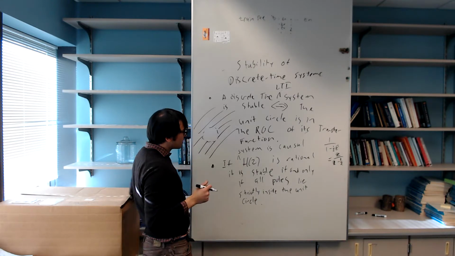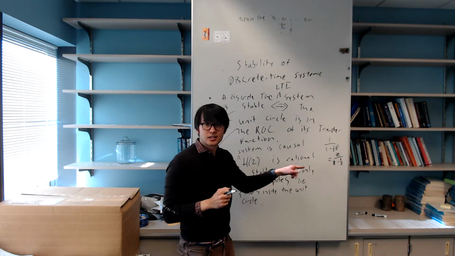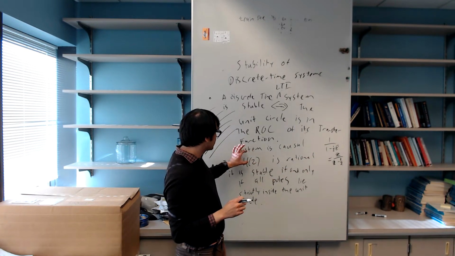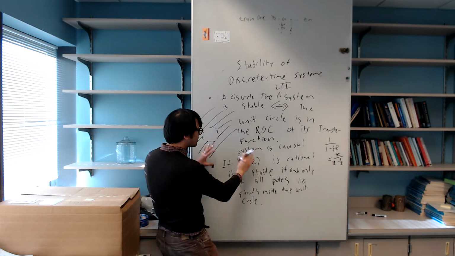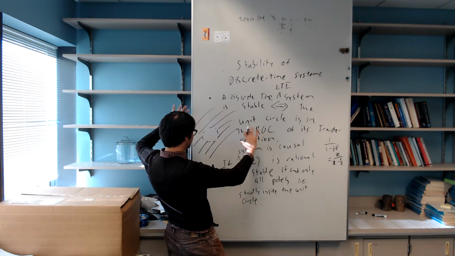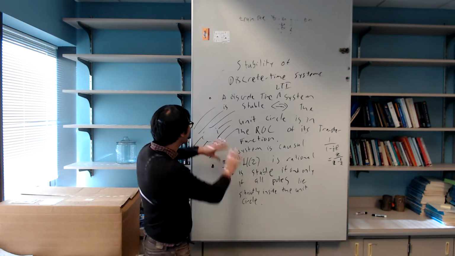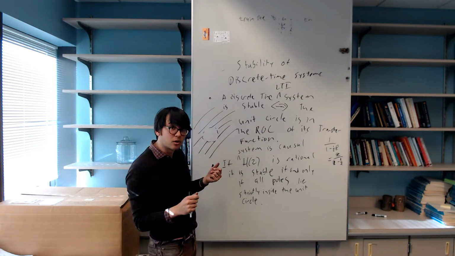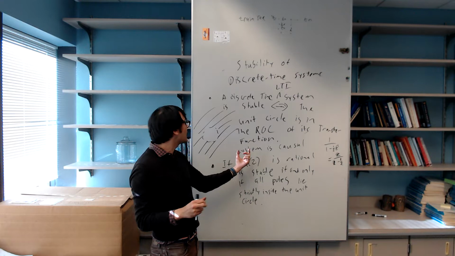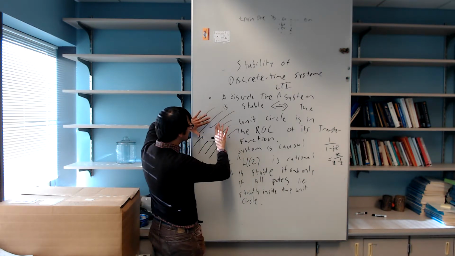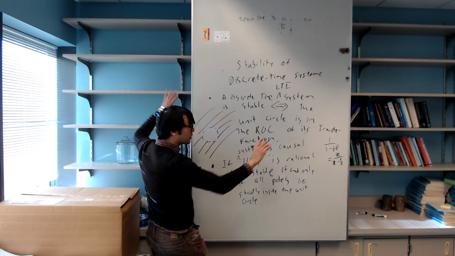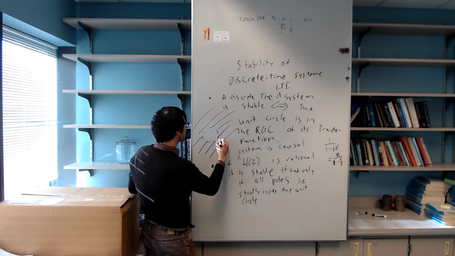And if we have a rational function over here, where the region of convergence lives is always either to the inside or to the outside of the poles. But because we know this thing is causal, the region of convergence has to live outside of all the poles, and so in particular it's going to look something like this.